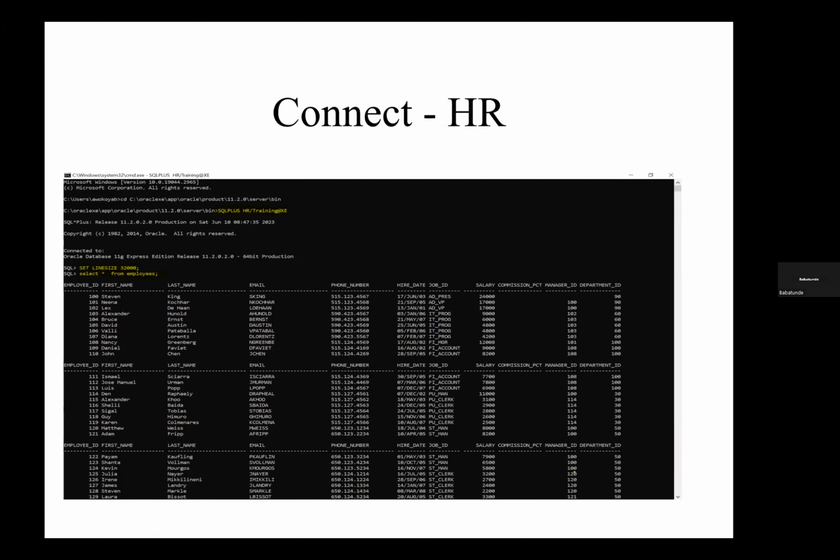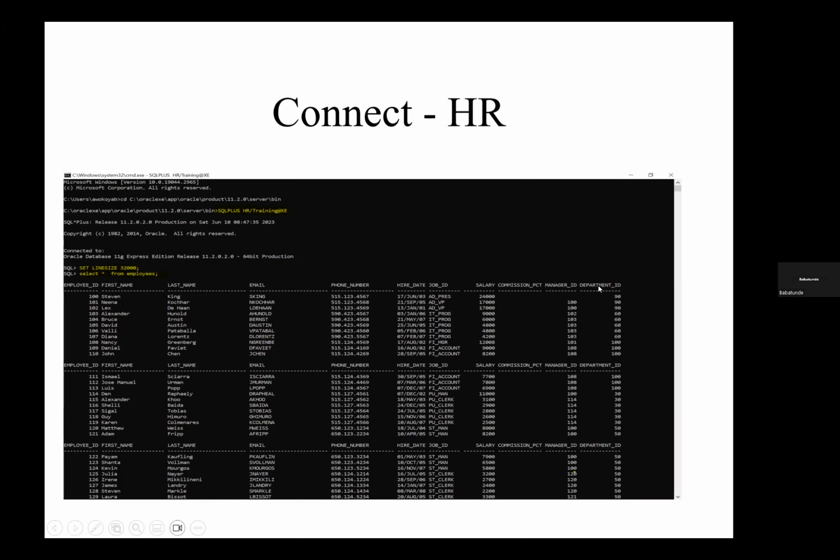I'm going to take you quickly so you can see the interface. This is employee. You have employee ID, first name, last name, email, phone number, hire date, job ID, salary, commission percentage, manager ID, and department ID.